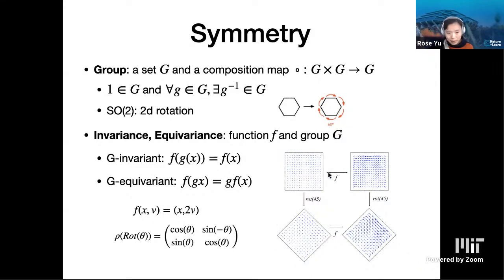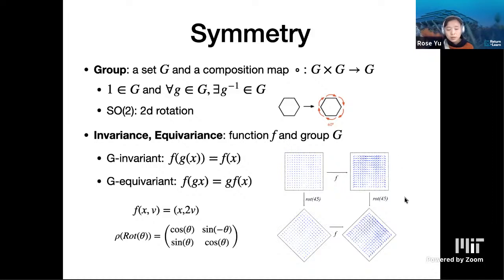It is the same thing as first scaling the velocity field by 2 and then rotating 45 degrees. In other words, going through this transformation along the bottom left route is the same as going through the transformation along the top right route. If the function satisfies this kind of condition, then we say the function is equivariant to this group transformation.